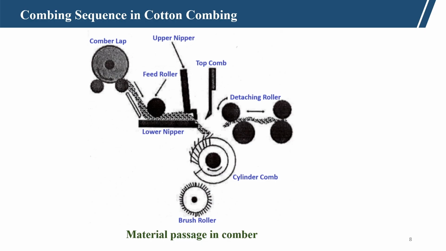Now, we have to understand the combing sequence. So, let us see this animation. Here we will see how the detaching rollers are moving to and fro, and the feed roller and nipper assembly moves forward and gets opened up, and when they are coming backward they will be closing.